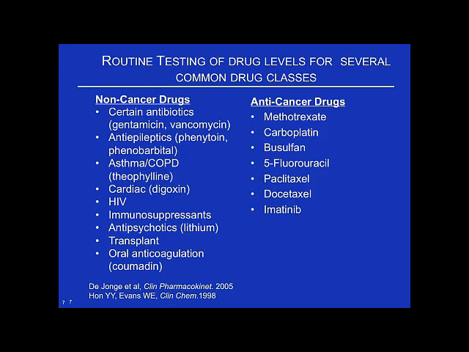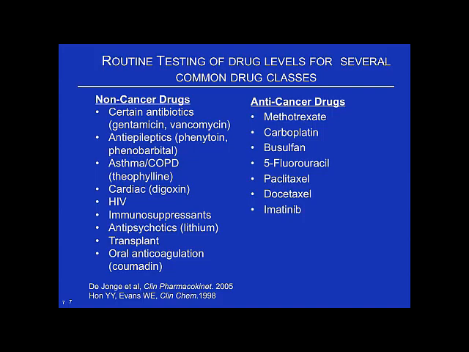Now, as it relates to the concept of therapeutic drug monitoring, which has to do with routine testing of drug levels as we dose drugs, I think this is a very common occurrence for those of us who are prescribing non-cancer associated drugs, which are shown here on the left-hand side.